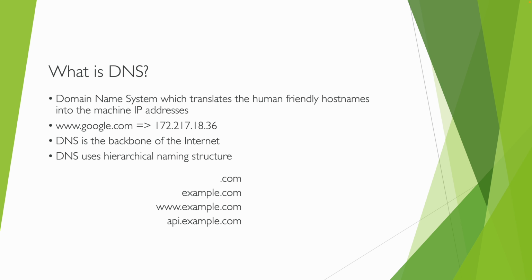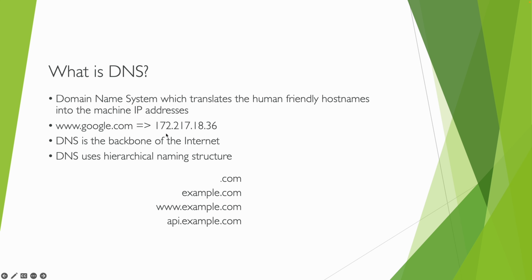But it is not easy to remember IP addresses. If there were no DNS, to go to google.com you would need to enter 172.217.18.36 every time, and this would take you to the Google web page. Remembering these IP addresses for every website is difficult.